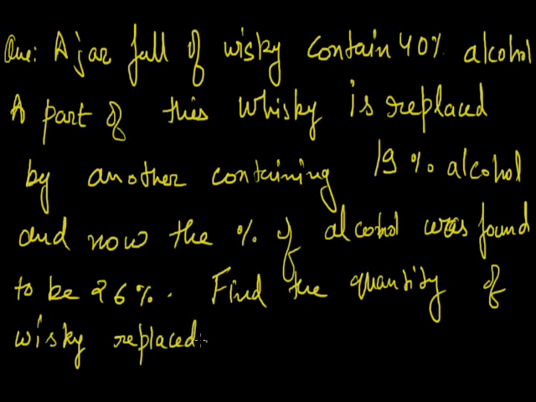Now let us first understand the question. We have a jar which contains 40% alcohol. A part of this whiskey is replaced by another containing 19% of the alcohol, and now the mixture which is formed contains 26% of the alcohol.